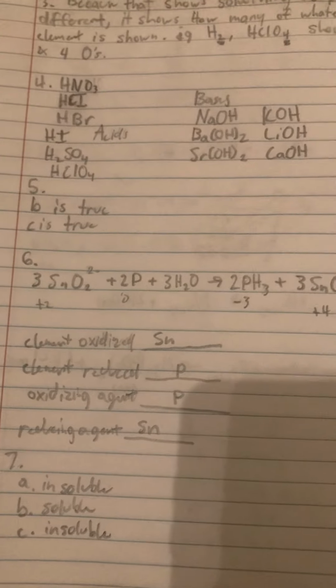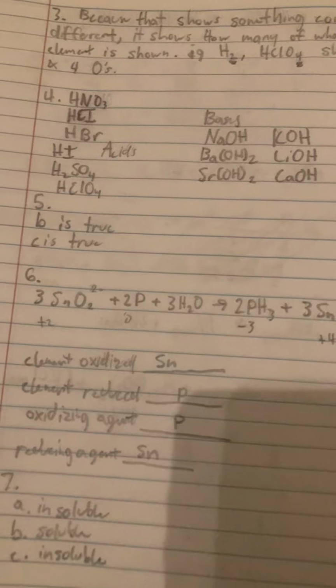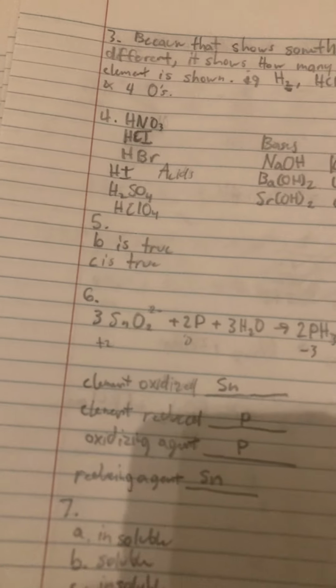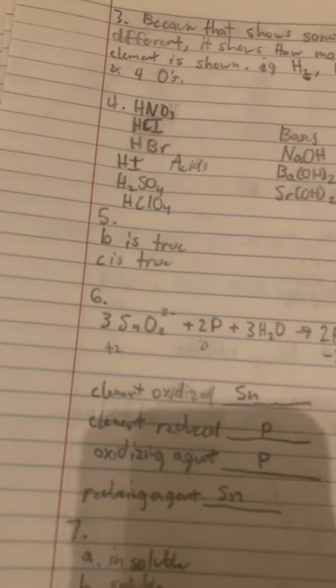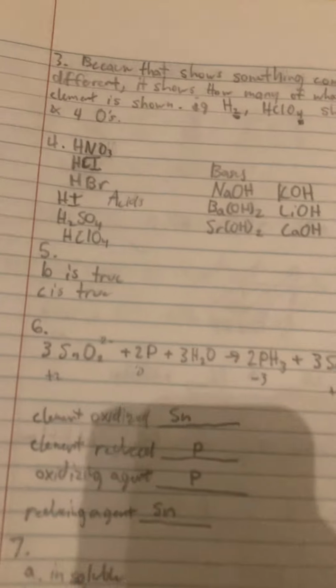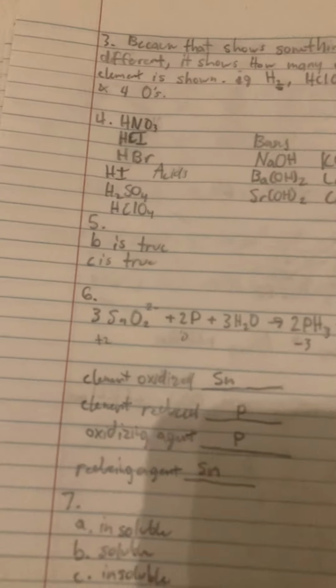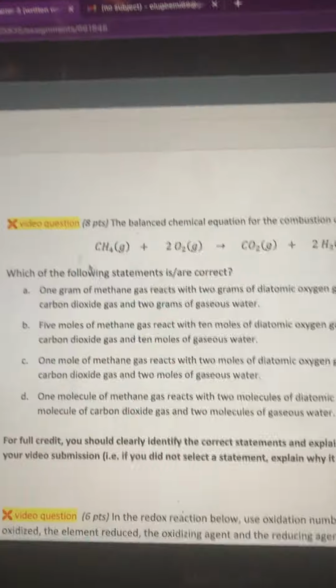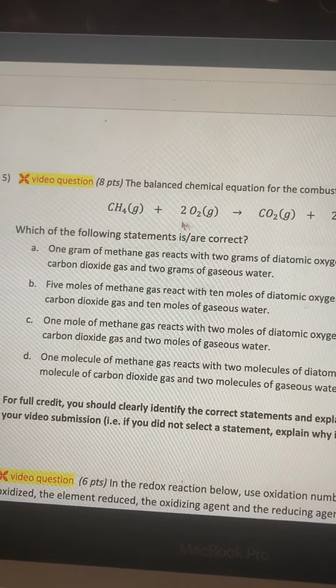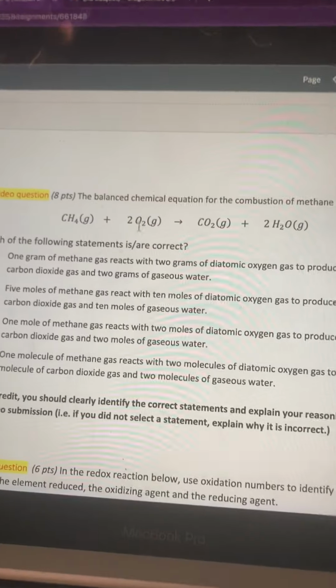For question 5, explain which one's statements are right. So statement B and C are the only ones that make sense, because C is like the actual equation with the correct amount of moles. Like, you take 1 mole of methane, 2 moles of O2 and react them.